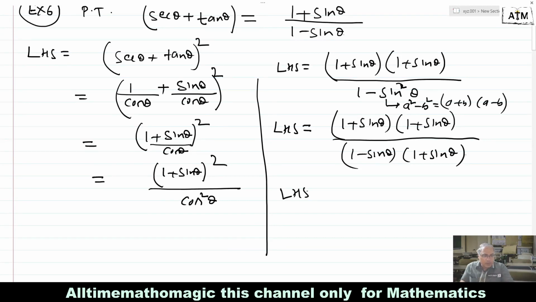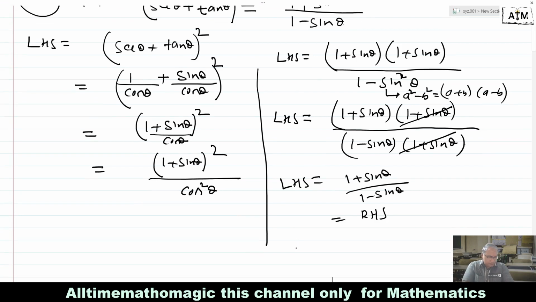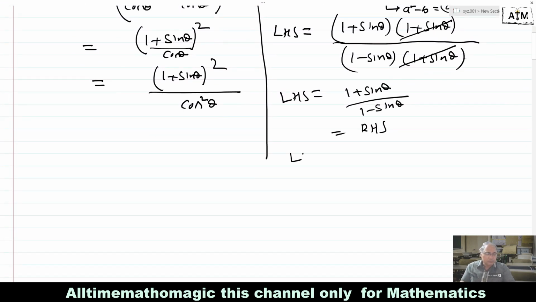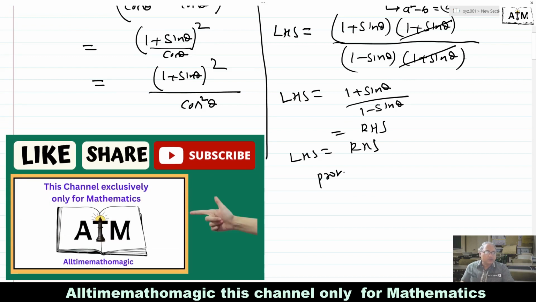Therefore LHS equals, here 1 plus sin theta cancels. What is left? 1 plus sin theta upon 1 minus sin theta. This is nothing but RHS. You see, this is the RHS. Therefore LHS equals RHS, proved.